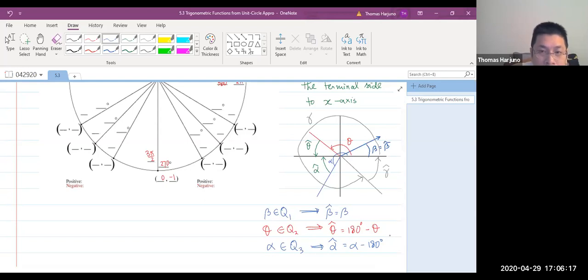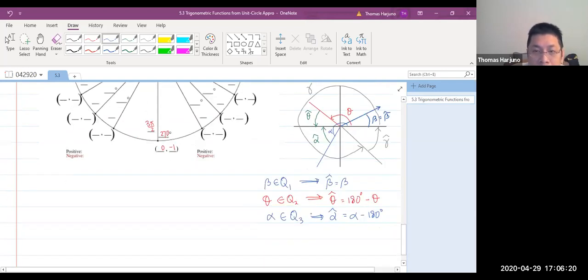And the last one, if the angle is in quadrant 4, then the reference angle, gamma hat here, will be 360 degrees minus gamma. But again, that's just a formula. We will see that again later on. You don't need to memorize it right now. What I need you to understand is that each angle in standard position has a reference angle associated with it.